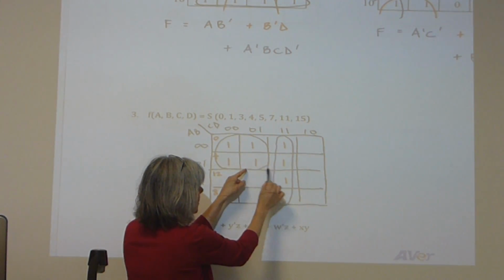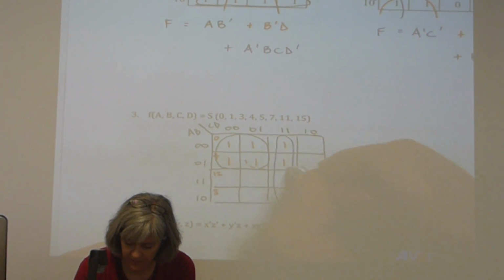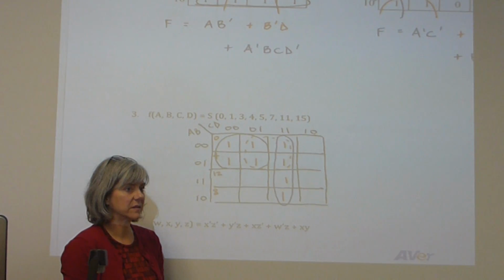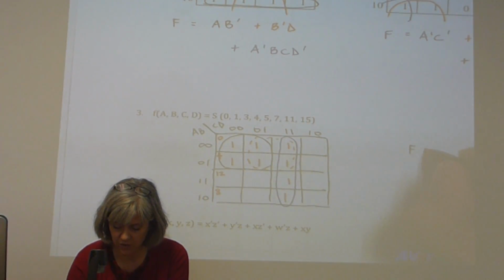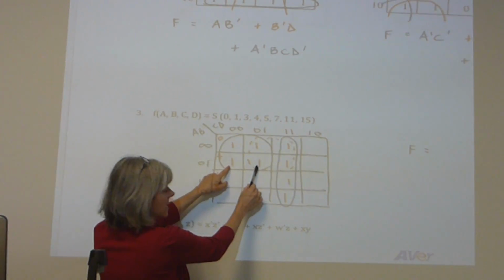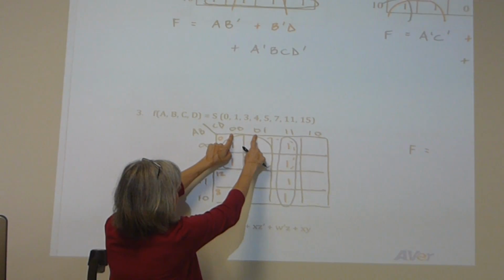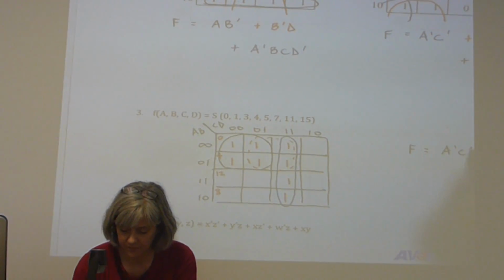So I could do this one here, I dotted in red, but that one is unnecessary. Okay? So the black one is going to be F is equal to the black one. What stays constant here? A is 0, B doesn't matter, C is 0, D doesn't matter. So A prime, C prime.